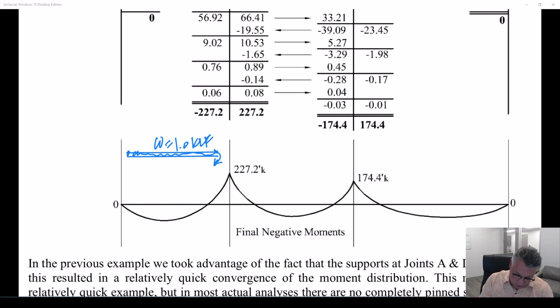But now that you know what that end moment is, you can now calculate the shear on the left, the shear on the right. You can draw the shear diagram. And from that, you can draw the moment diagram too.